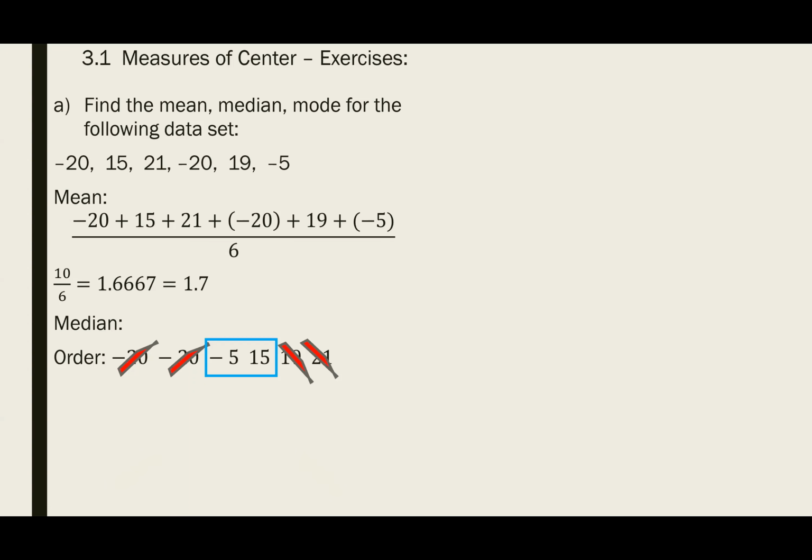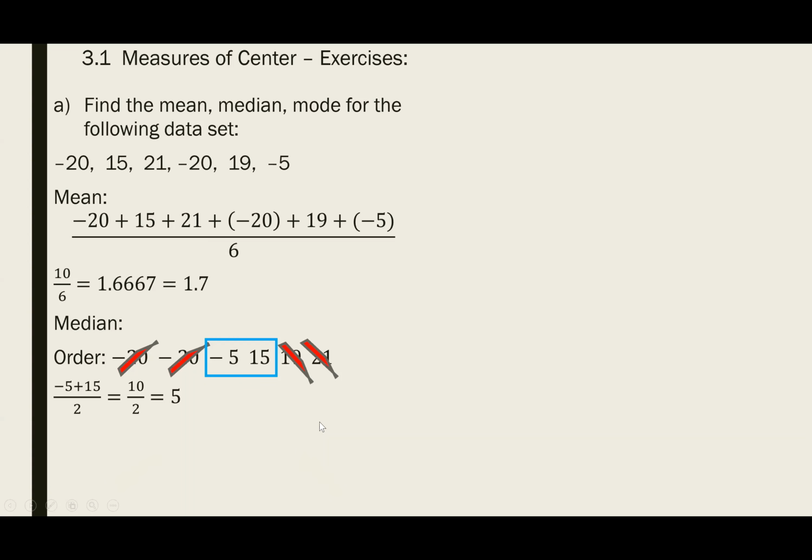If we have an even number, we need to take the middle 2, add them up and divide by 2. If I do that, my median is equal to 5, which is somewhere between -5 and 15. Remember, it's -5, so it's basically 20 units, right? So 5 is between here, where I have 3 data to the left and 3 data to the right, okay? So that's your median.